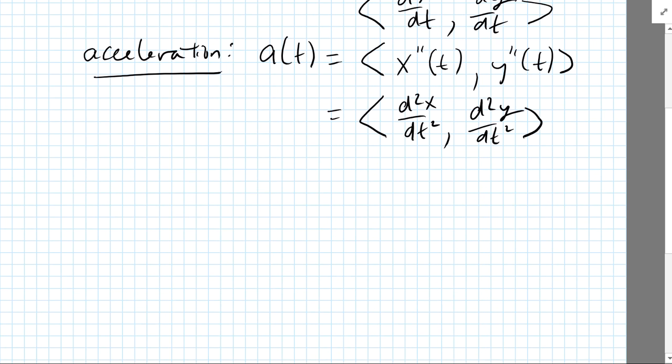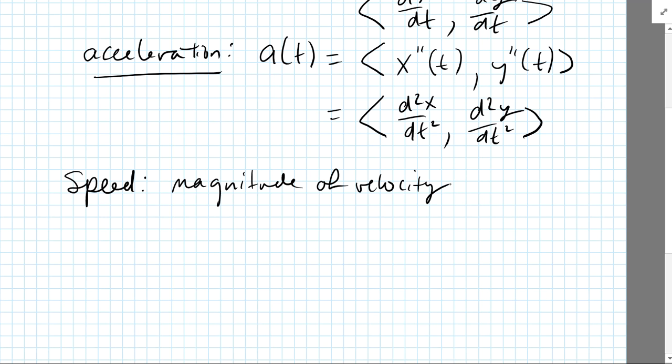And then there's speed. And for our speed, it's the magnitude of the velocity, right? Well, let's look at it. We have a vector. Vectors have direction, right?